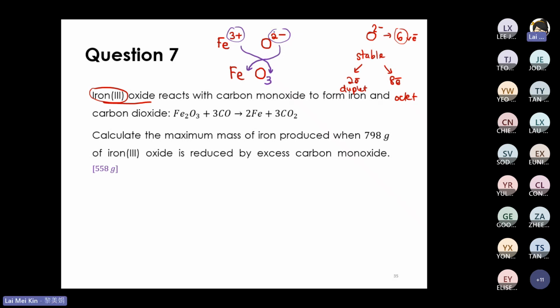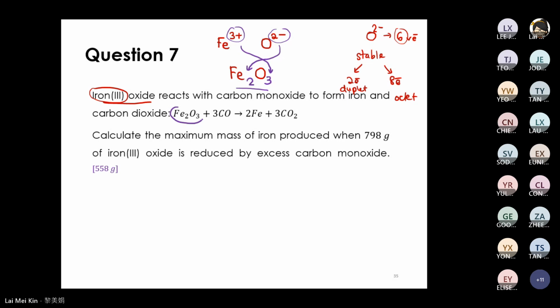Oxygen has a charge of 2, so this 2 will go to iron. So again, what is iron trioxide? What is it? It's not a molecule actually, it's a formula unit. So what is iron trioxide?